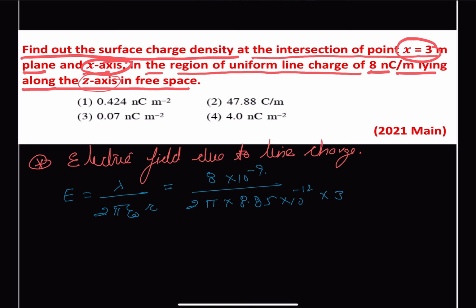So we get this electric field is approximately equal to 47.9 volt per meter.